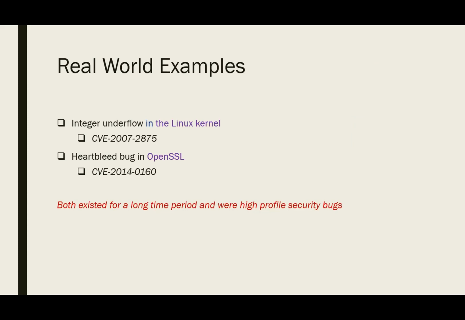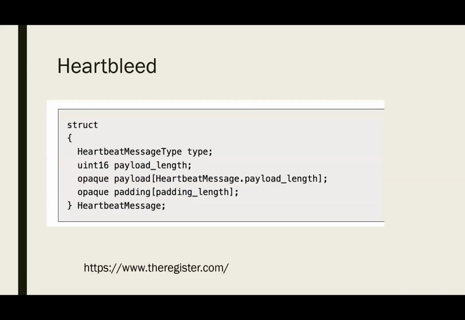There have been other real world examples, such as the integer underflow in the Linux kernel. And all of these just sat on the system for a long time and then affected many systems. So this is a serious problem. Here's just an example of what happens in Heartbleed. There's this sort of structure, and there's this payload, and you can see it's all in C, and it's using memory types.